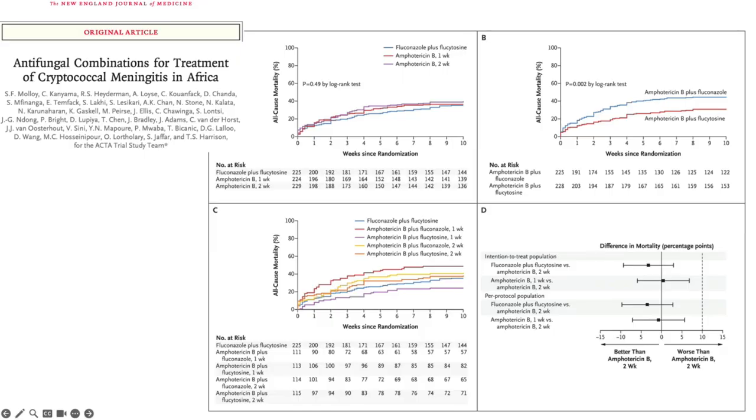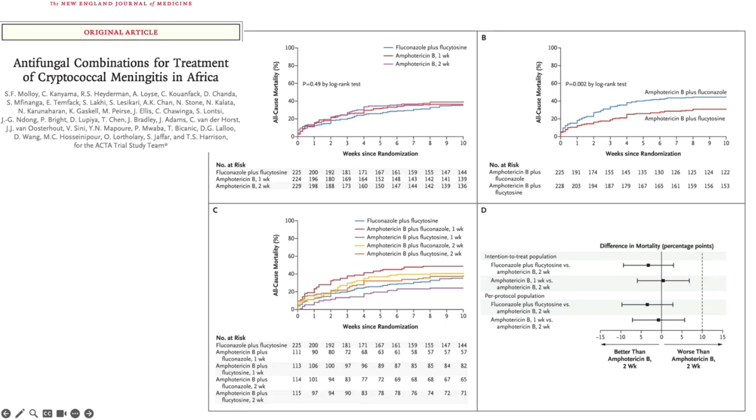Cryptococcal meningitis has so many New England Journal randomized controlled trials for ID. I feel like it's one of the most. You can see the big one is all-cause mortality, and this bottom one has 5 different treatment options.